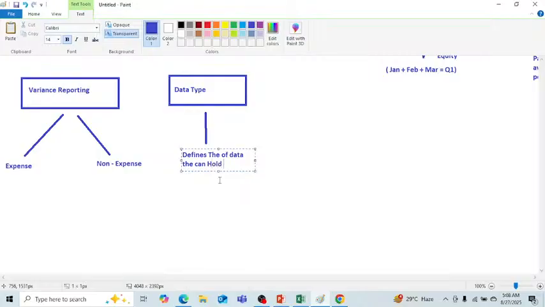It will include various things like currency, non-currency, percentage, date, and text.